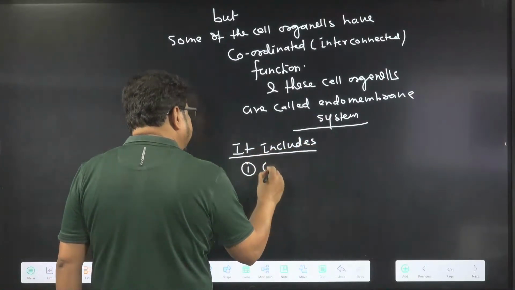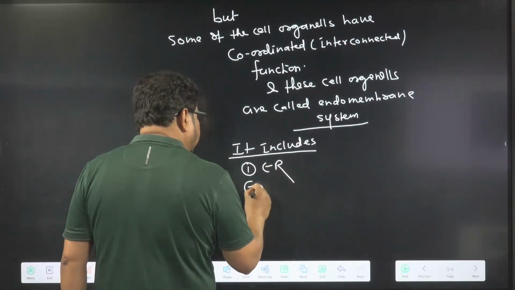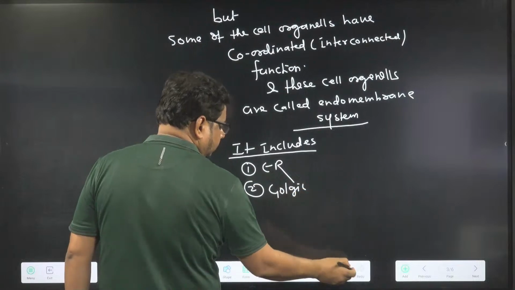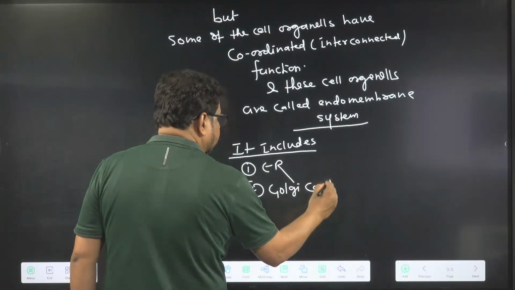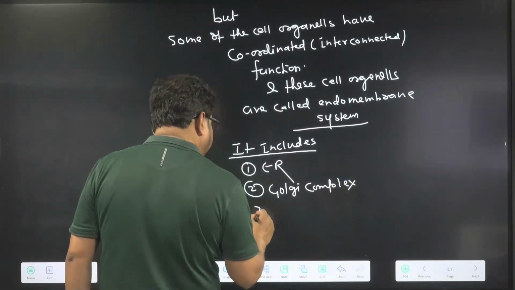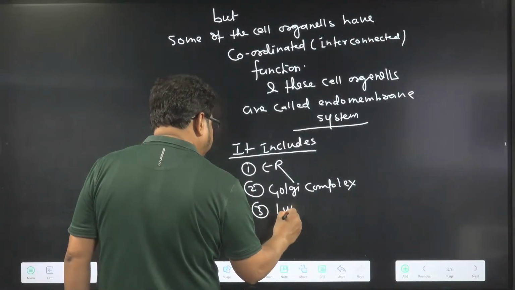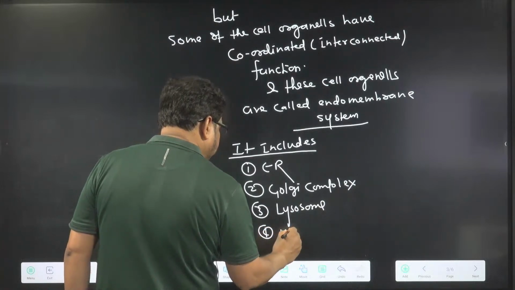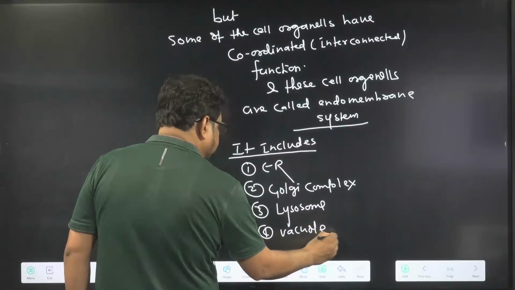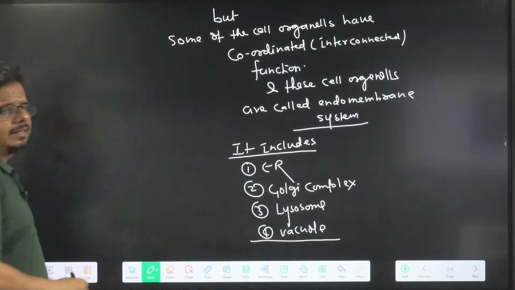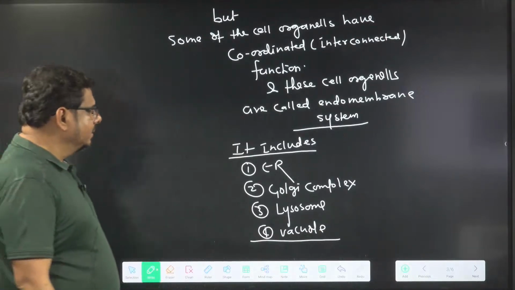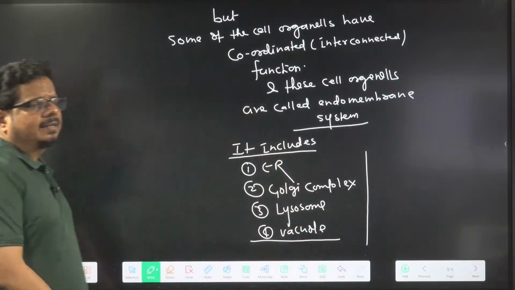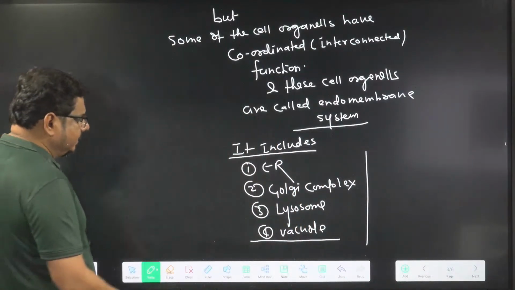So it includes the first cell organelle, ER, then Golgi complex, next is lysosome, and next is vacuole. These cell organelles are all together called the endomembrane system because they have coordinated function.